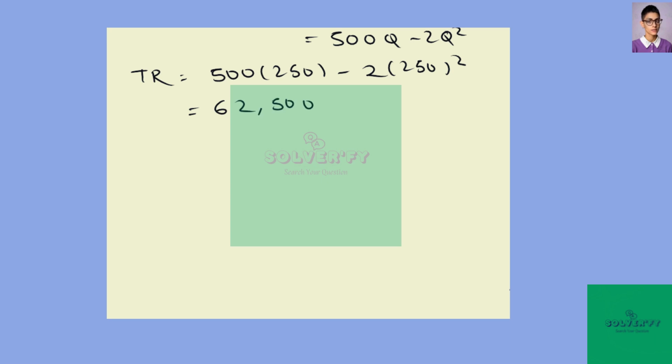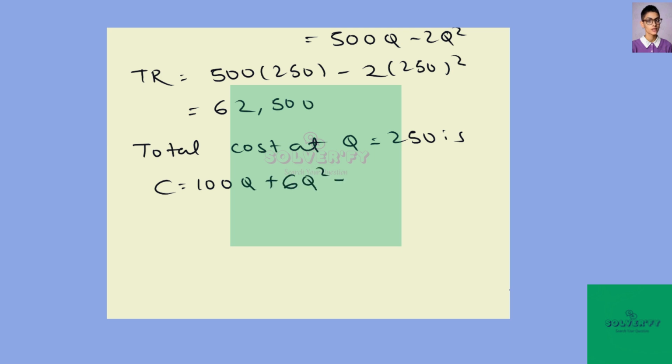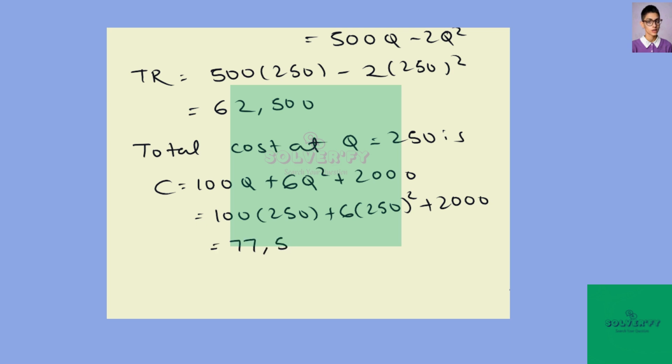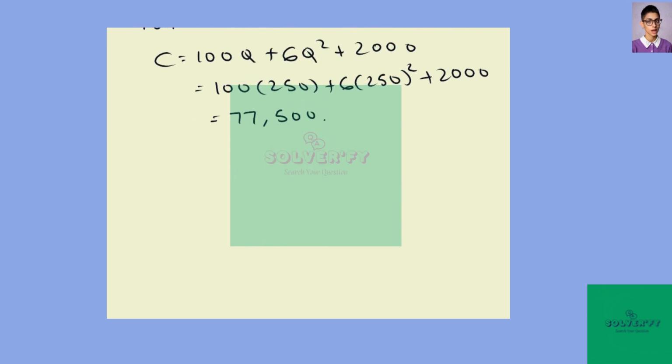The total cost at Q equal to 250 is C equal to 100Q plus 6Q square plus 2000, that is 100 into 250 plus 6 into 250 whole square plus 2000, that is 77,500.